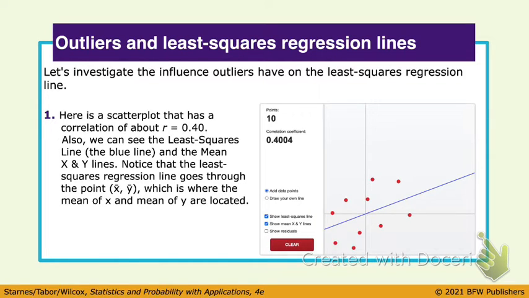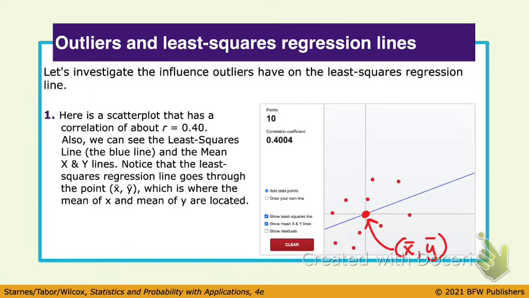That's where these vertical and horizontal lines are coming together. That point right there is x bar, y bar, the average of x and the average of y. That point is like the tipping point for our regression line.